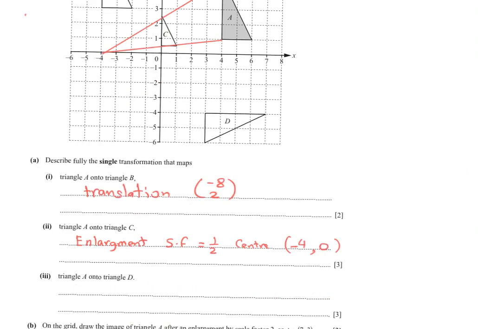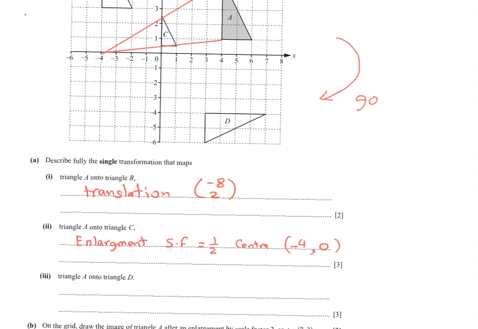Part three, triangle A to triangle D. Which transformation? It is a rotation, 90 degrees clockwise, but we need to find the center of rotation. The center of rotation may be the origin.